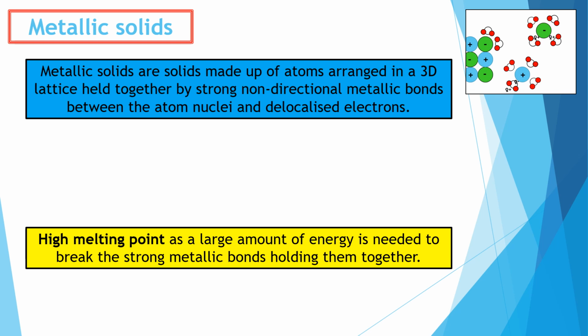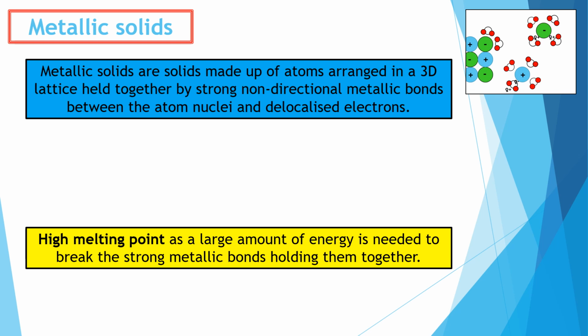Now, if I wanted to write an explanation as to why they have high melting points, I would have to write the part in blue first, that is describing the type of particles and how they are arranged, and the bonds that are holding them together. They're strong non-directional metallic bonds. And then I'm going to go on and explain why they have high melting points.